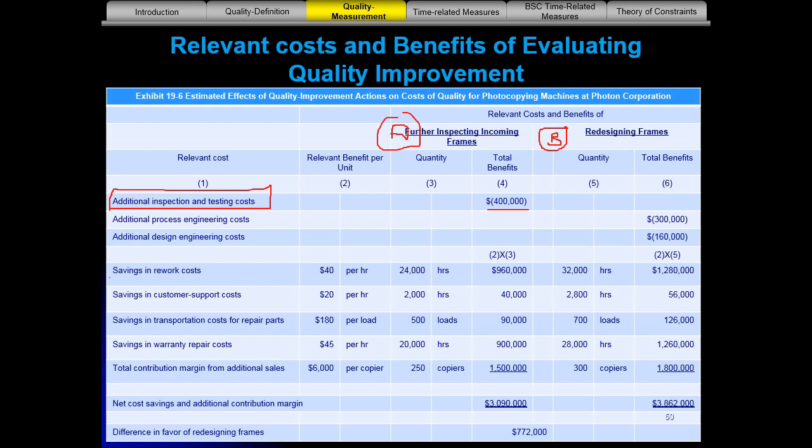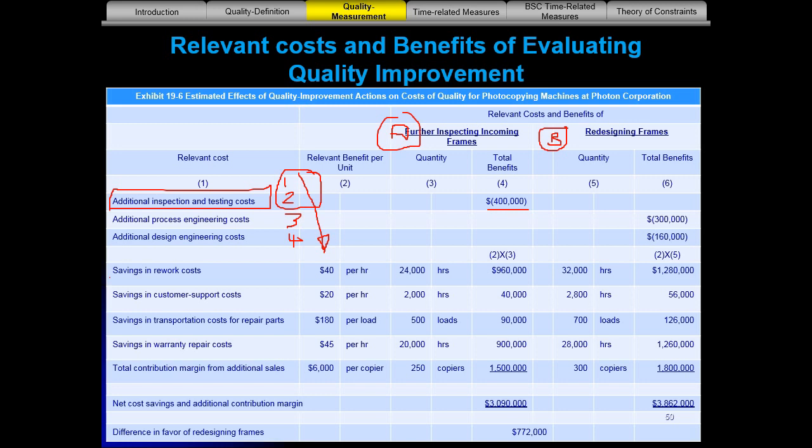Before we go through the numbers in terms of the benefits, what we're doing, again, in part 1, we looked at 1, 2, 3, 4. We had prevention, we had appraisal, and then we had internal failure, we had external failure. These are all the different types of groups of costs, quality control costs. And so what we're proposing with A and B is in the area of 1 and 2, where you have direct control over the cost of quality initiatives.